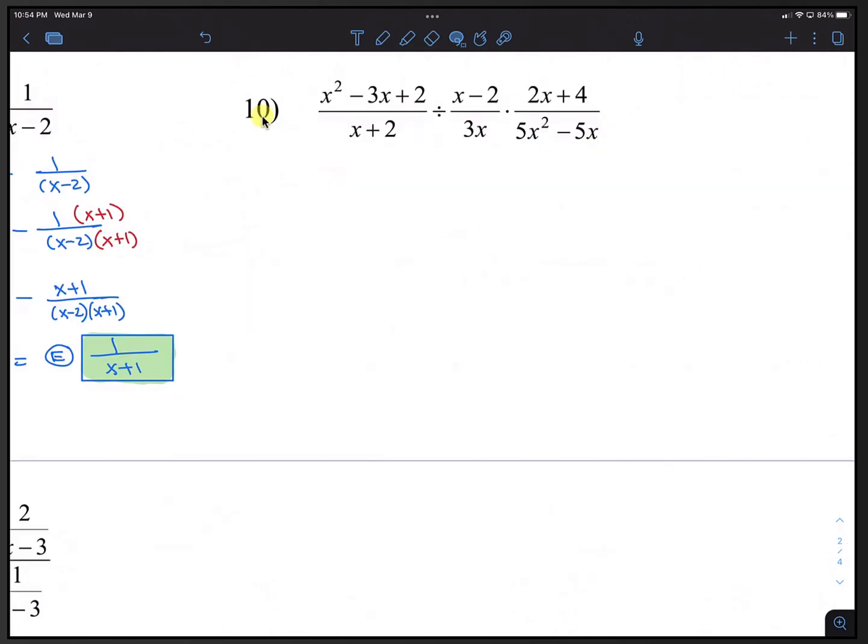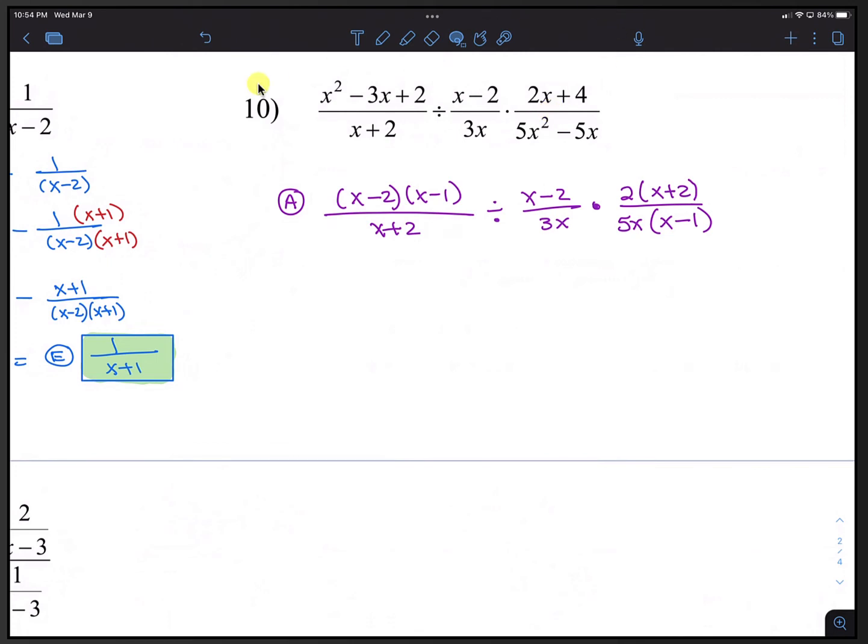All right, in number 10, we have 3 fractions, and it looks like we're dividing by the second fraction, but then multiplying by the third fraction. So again, I'm going to use the strategy of factoring first, and then we can flip and cancel out. So let's factor.